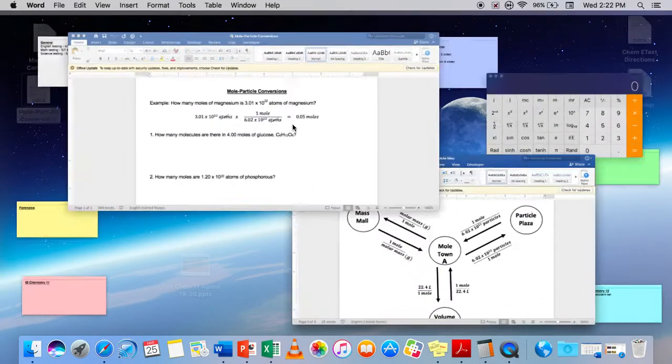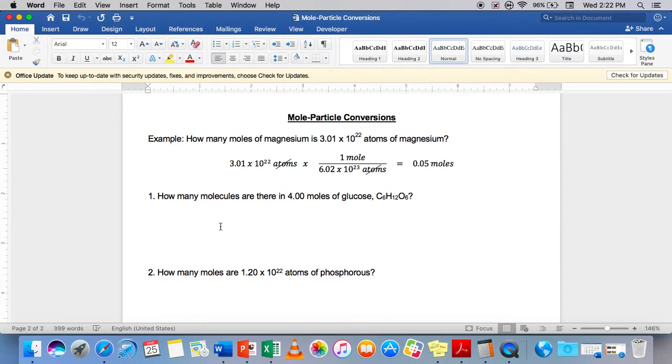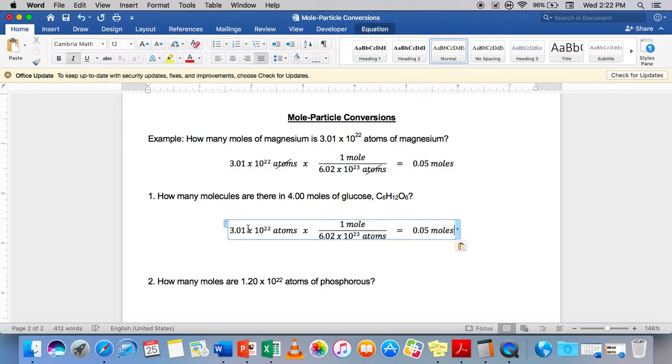Okay, so let's go ahead and try and figure out how we can put this in our document. Okay, what I'm gonna do is, like always, I'm gonna copy my problem down, and I'm gonna start by writing what I know. So 4.00 moles.